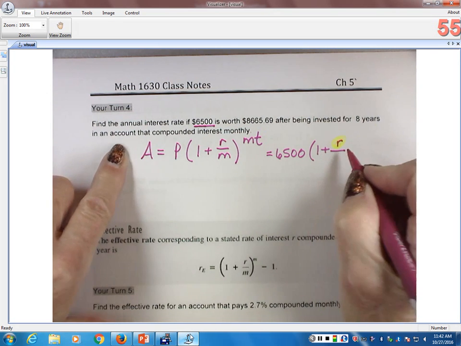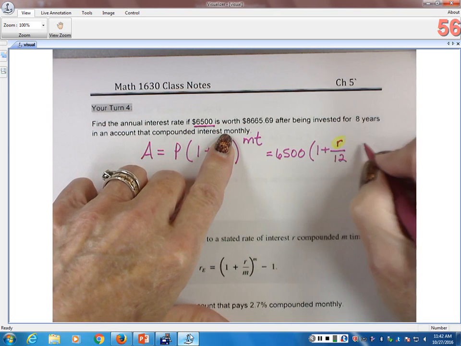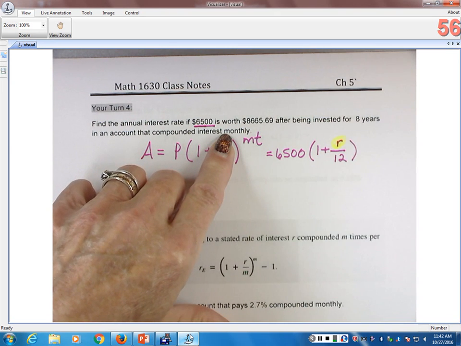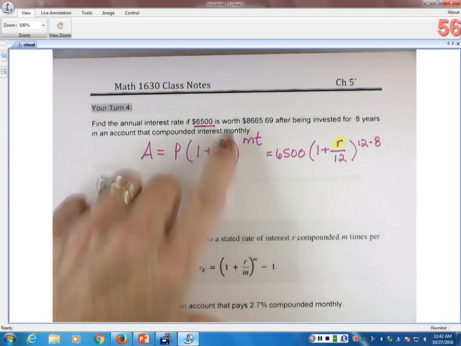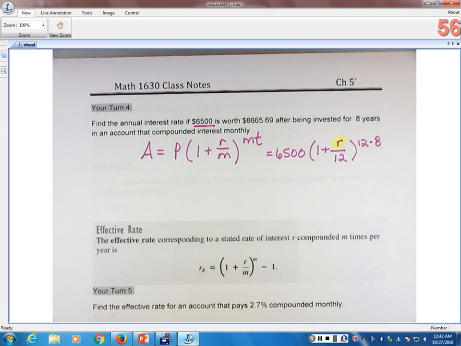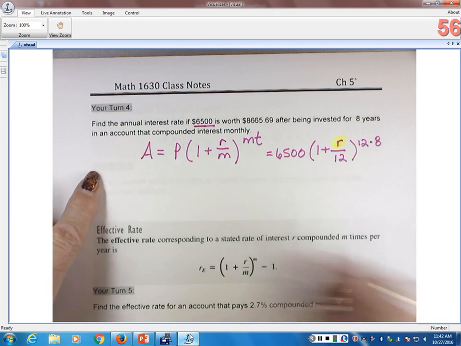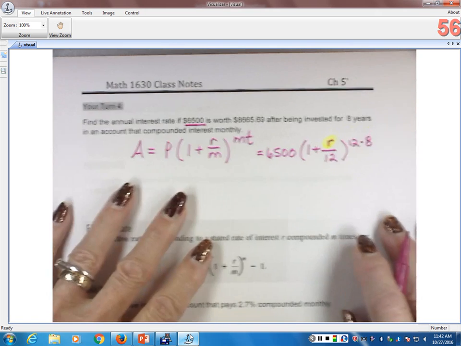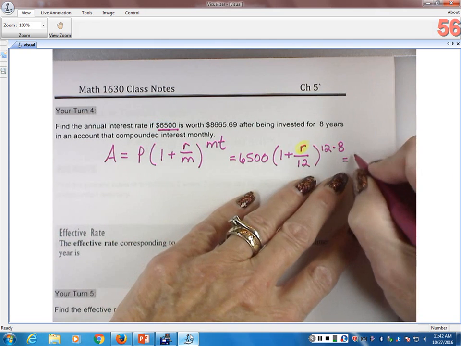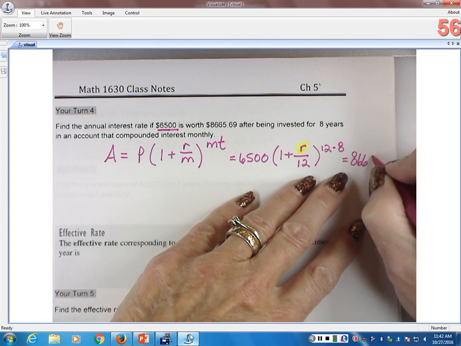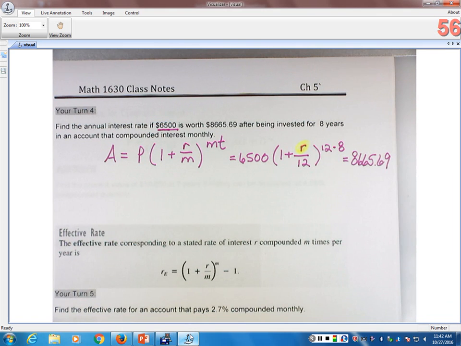And it's compounded monthly, so that's 12 times a year, and 12 times a year for 8 years. And we know what the future value is. The future value is $8,665.69. So I need to solve that for r.